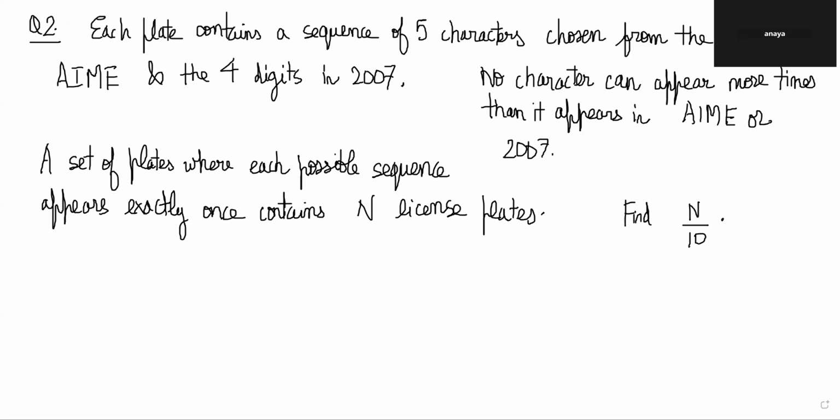Okay. So find the number of license plates you can make with these restrictions, when the license plate consists of a sequence of 5 characters taken from the letters of AIME and the digits of 2007.